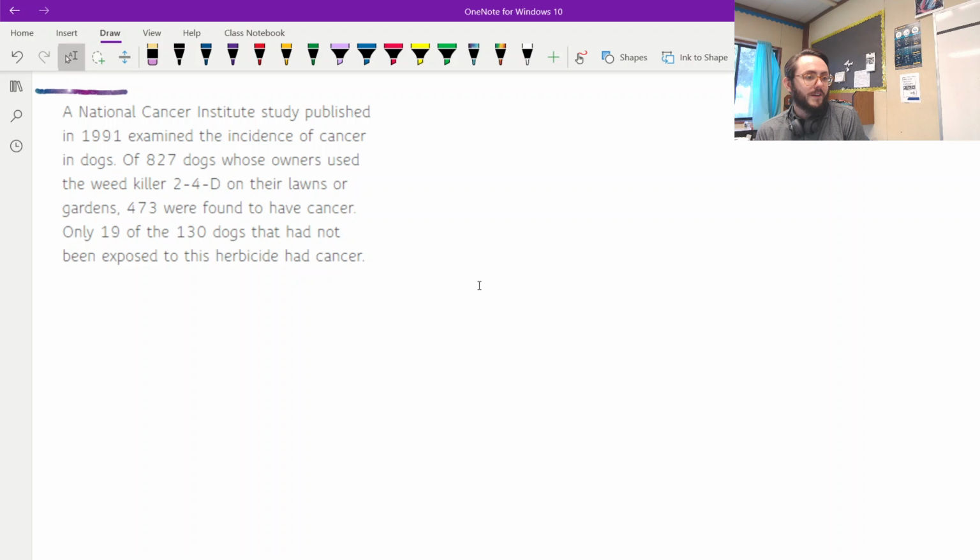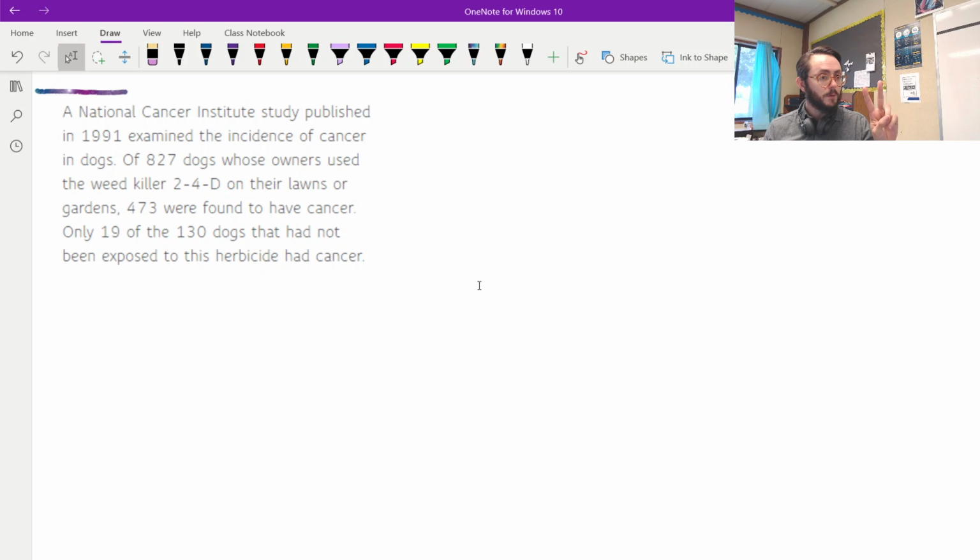So what are we doing here? What are we comparing? Because unlike the previous ones, words like proportion, percent, average aren't anywhere in this problem. So we have to think about what is happening to it. We are treating these dogs as either having cancer or not having cancer.